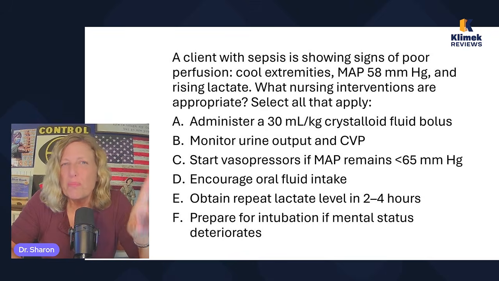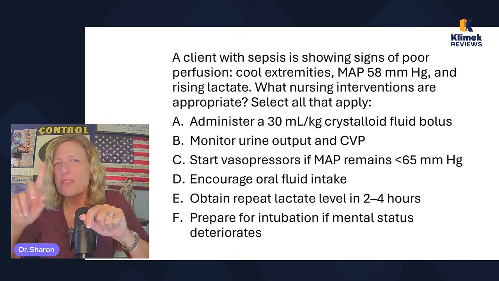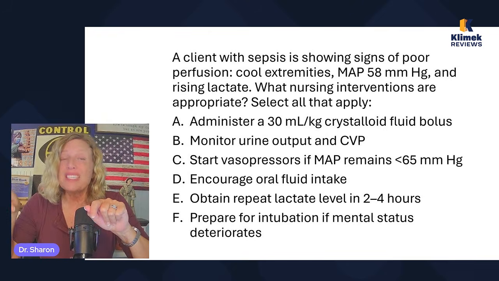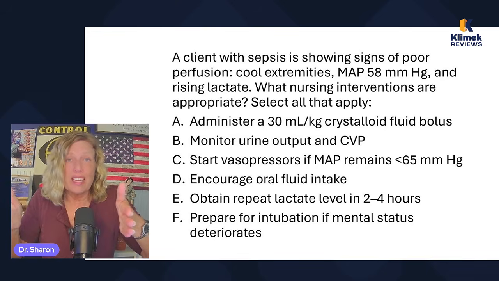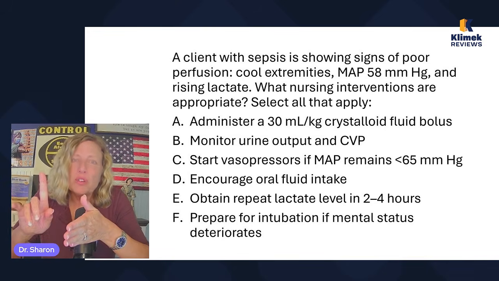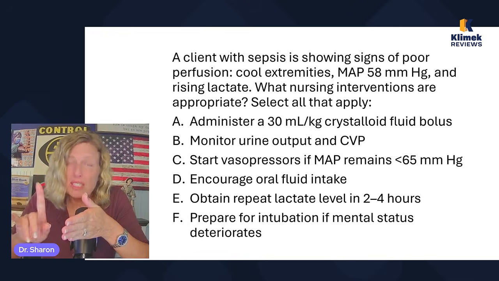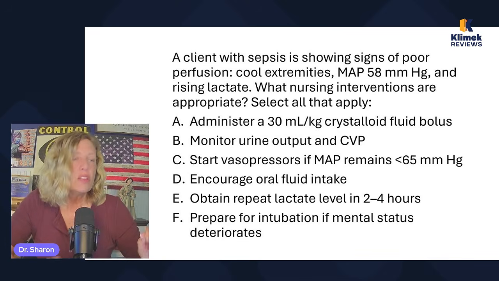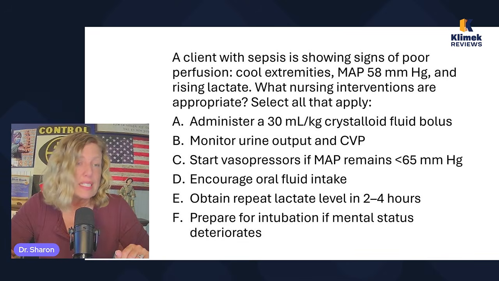Remember I told you blood pressure equals stroke volume times heart rate times systemic vascular resistance. Vascular resistance has to do with constriction and dilation. Vasopressors cause constriction, so they increase vascular resistance. If you increase vascular resistance, you increase blood pressure. So vasopressors, if the MAP remains less than 65, that's a good idea for septic shock.